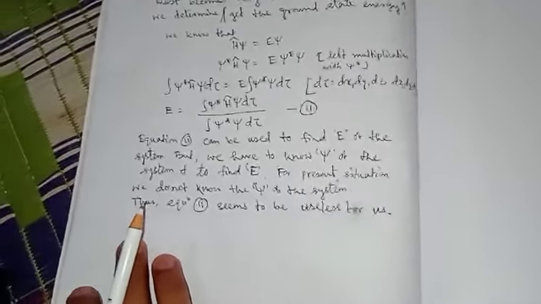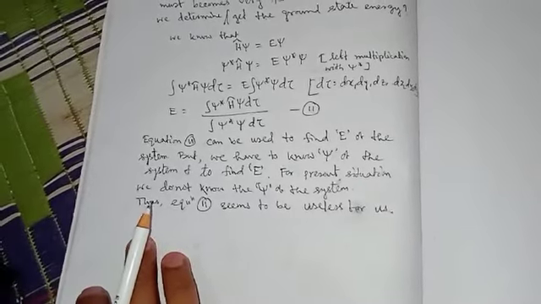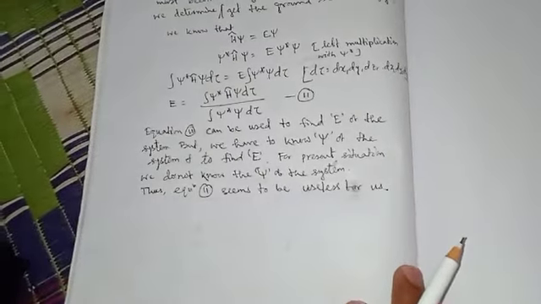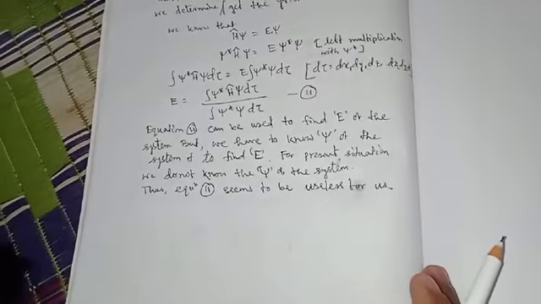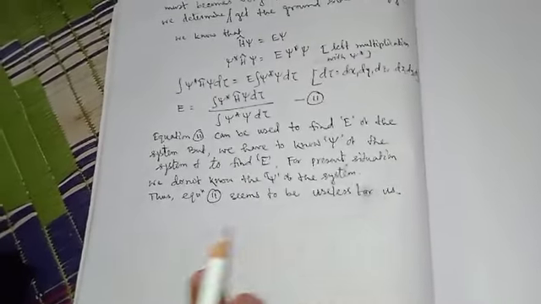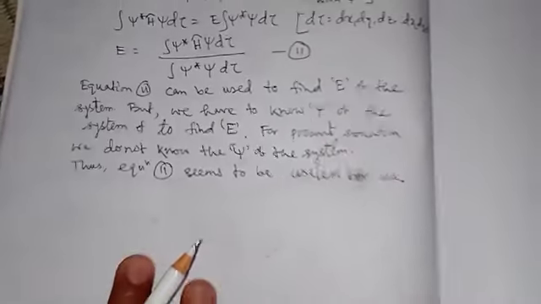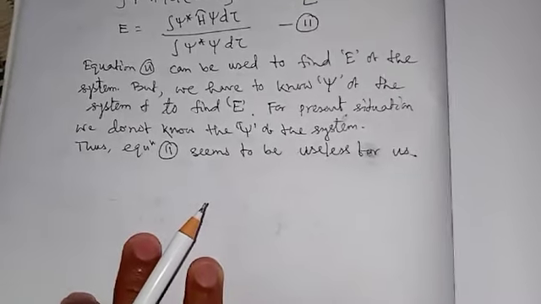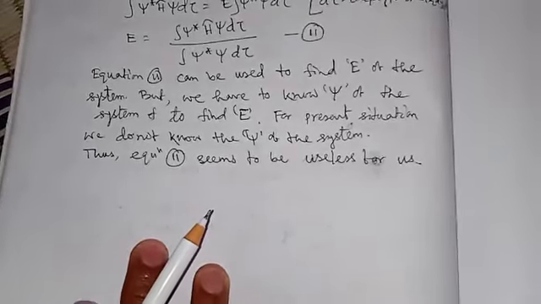Now it is very difficult to solve the Schrodinger equation where more than one electron is present, or for complex systems which are more complex than the particle in a box or simple harmonic oscillator. So for their solution, we consider approximation methods, and one of them is the variation method.